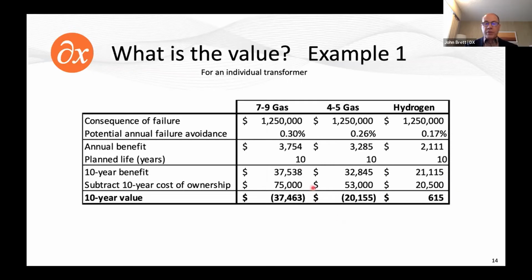Subtract the 10-year cost of ownership, and your benefit is negative on a multi-gas monitor, and this is where you're basically at the break-even point for a hydrogen monitor. So, in this particular example, you should probably not deploy any monitor at all.